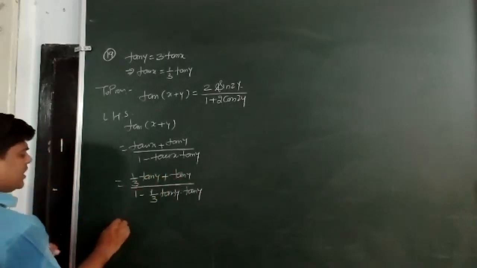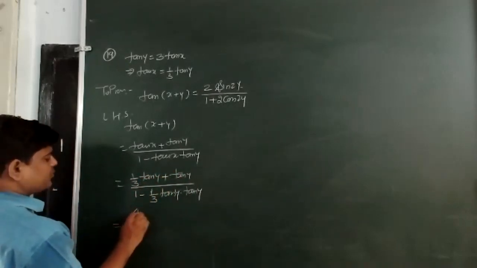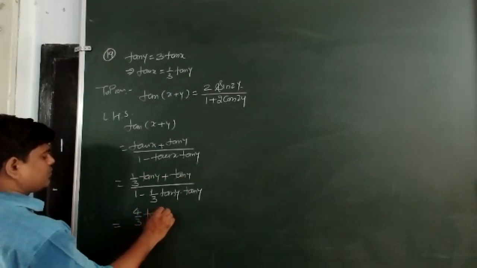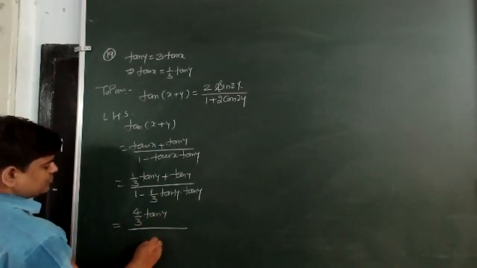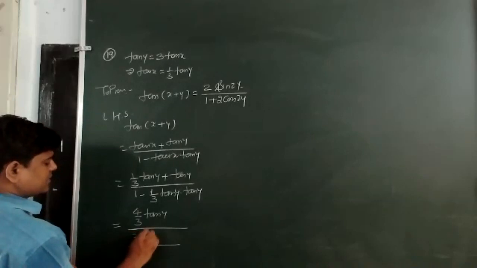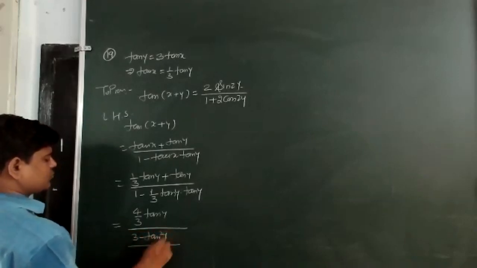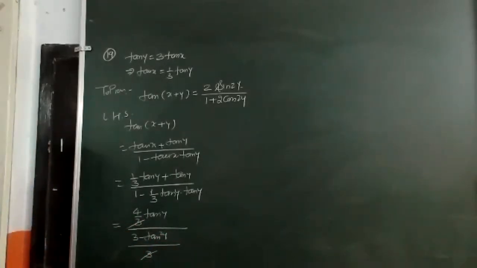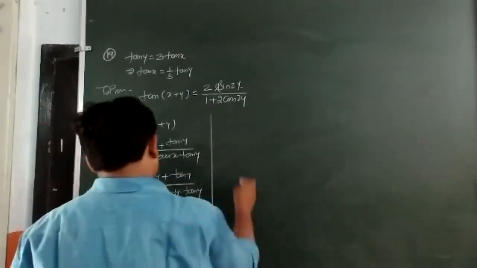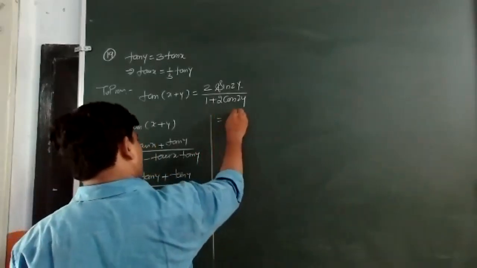When I simplify, I'll get something like 4 upon 3 tan y, and here also something like 3 minus tan square y.